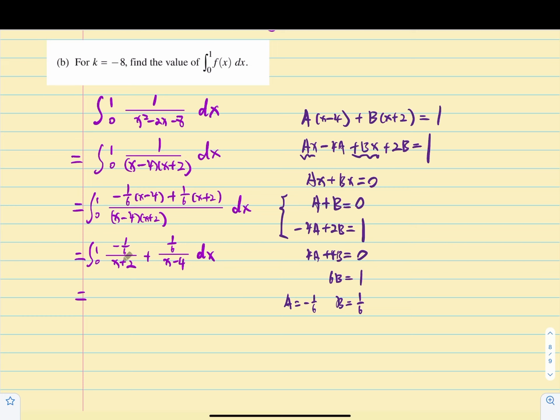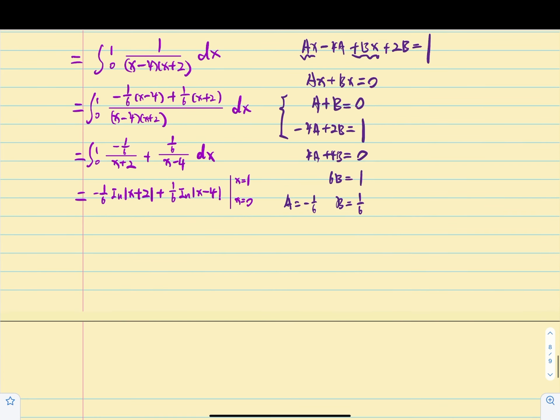We can make this into a ln of negative 1 over 6 first, ln of the absolute value of x plus 2, plus 1 over 6 ln of the absolute value of x minus 4, and we have x equal to 1 and x equal to 0. Then we substitute in.